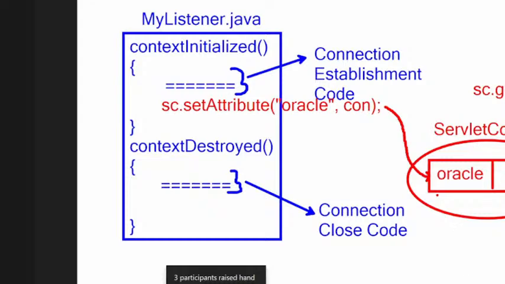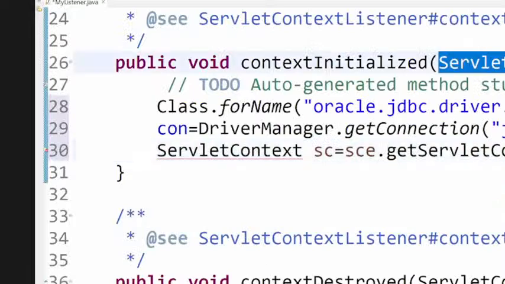In this program, ServletContextEvent is a class. But who will create that object? The web container creates it. When? Whenever the context is created, which is whenever the application is deployed.